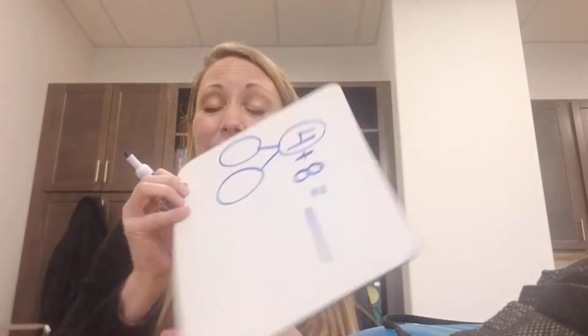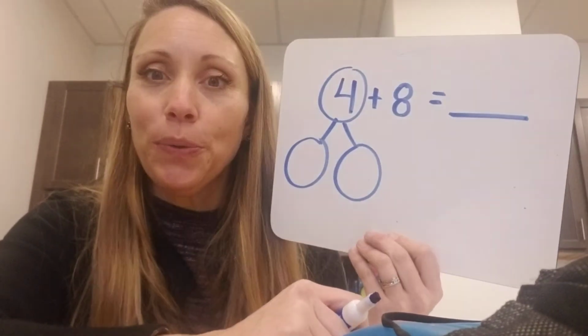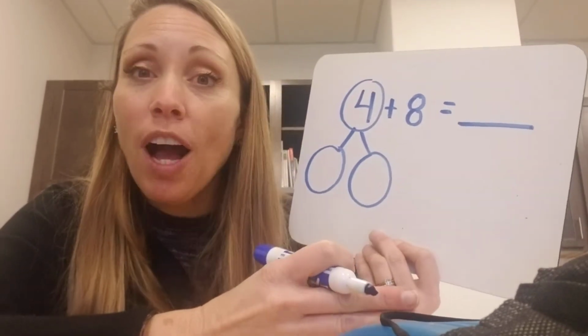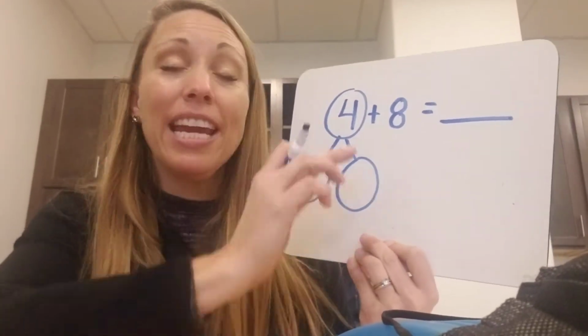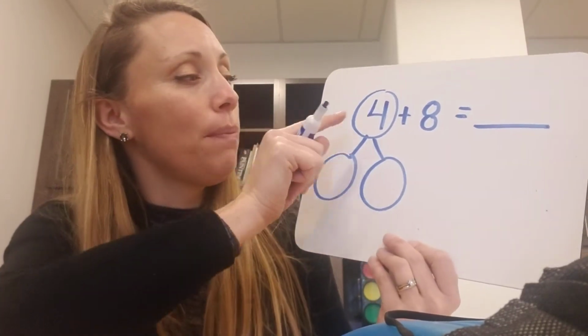When it looks like this, you're like, what? What am I supposed to do? Pretend there's a picture. Or get your blocks or something else you have at home and make your groups, and it will be easier to see. But it's exactly like the one we just did.